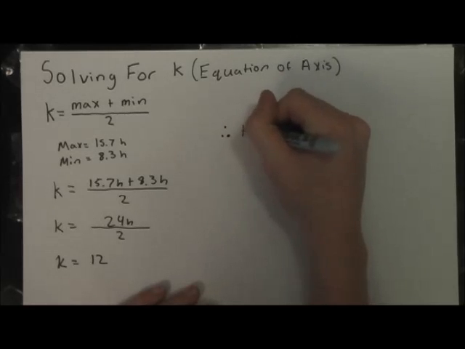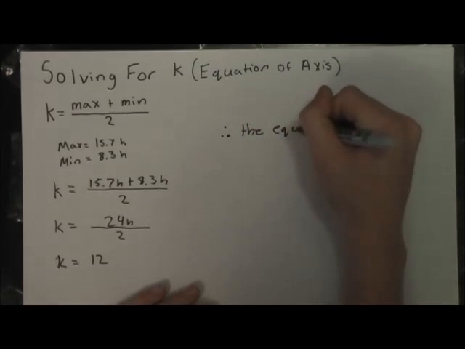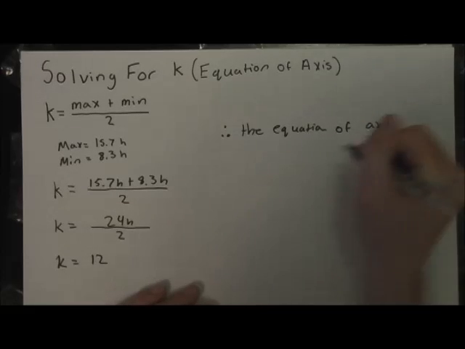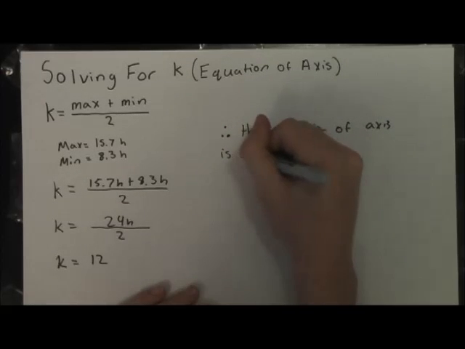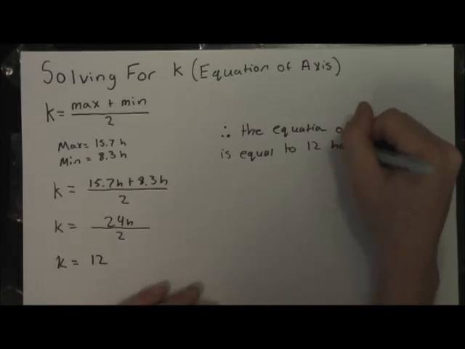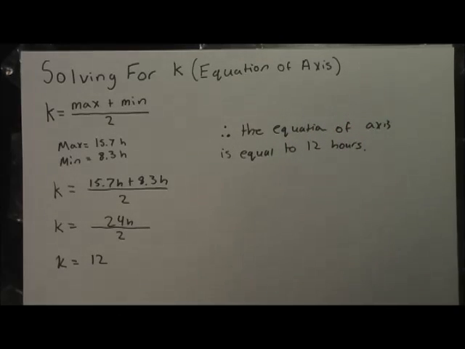Therefore, the equation of axis is equal to 12 hours. The next step to solving this problem is to solve for b.